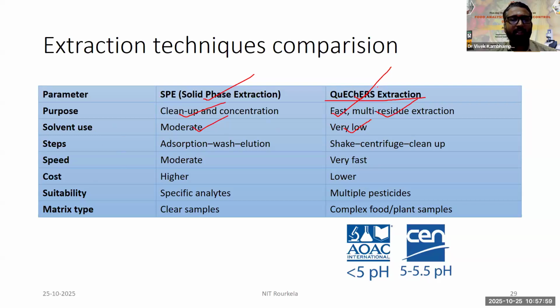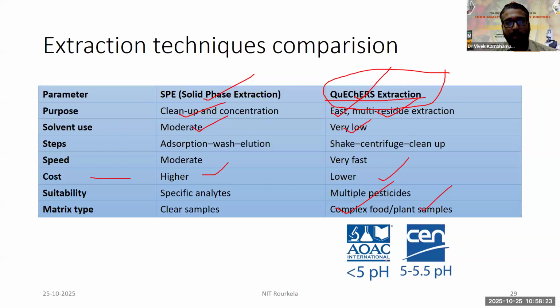Basically, QuEChERS extraction is a cost-effective process. You can see here in the cost, solid phase extraction is costly compared to QuEChERS extraction. That's why this particular extraction method is used for almost all GCMS analysis. Okay, this can be used for complex food materials, plant components.